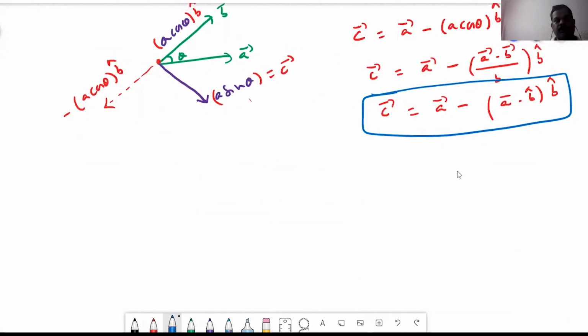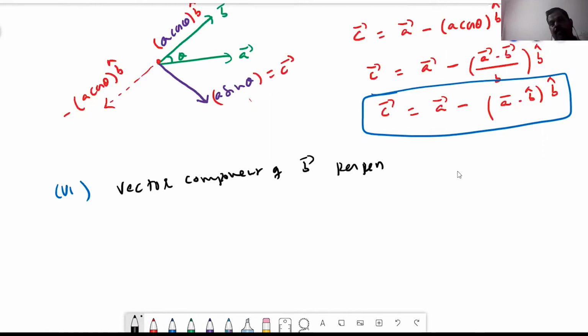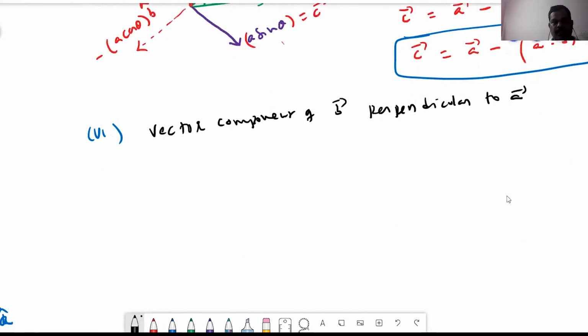The same logic goes. I want to find out the sixth one: vector component of B bar perpendicular to A bar. Again, let's draw the diagram. This is A bar, this is B bar, and this is theta.